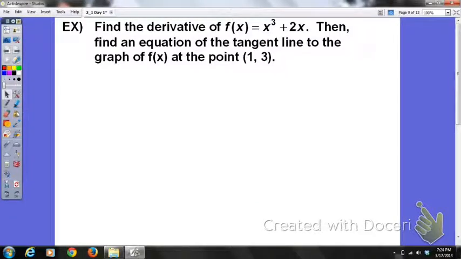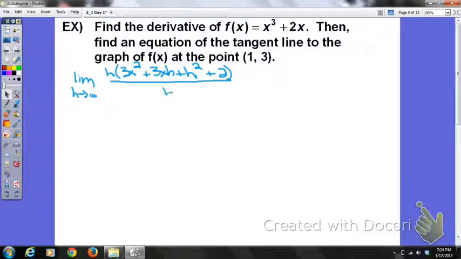So here we go. If I pull out an h in my numerator, we have the limit as h approaches 0 of h times a quantity 3x squared plus 3xh plus h squared plus 2, all over h.